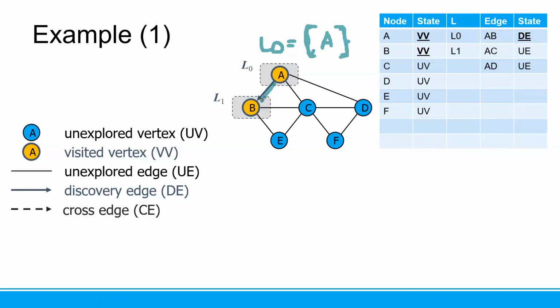First I check L1, which is B. So B is noted as visited. Here L0 is A, and B is regarded as L1. Then AB is the discovery edge. This is what I explained in the algorithm, the first part.